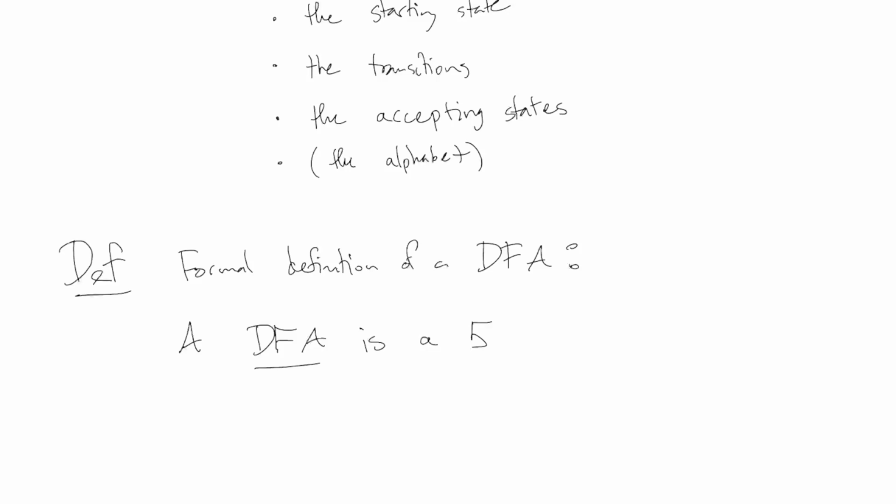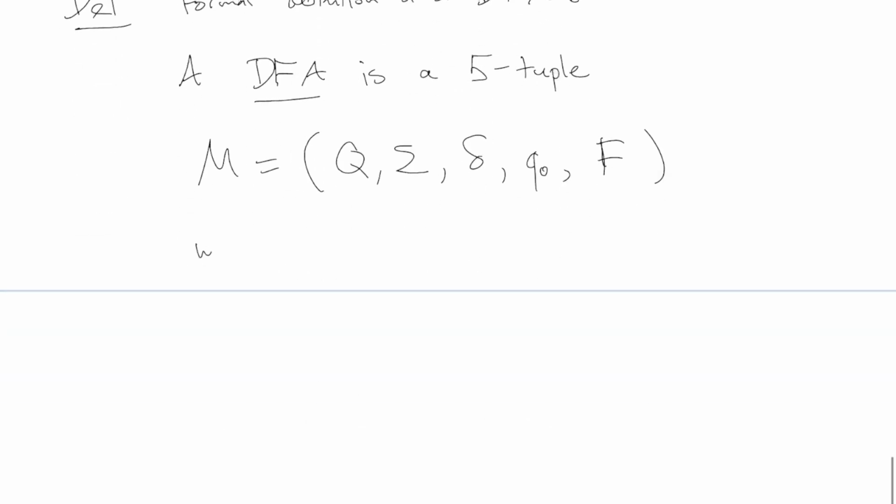The way that we typically would write that in set theory is a 5-tuple, because they go in a particular standard order. I'm going to write it this way. M equals Q. This is standard notation, and I will tell you one by one what each of these things mean. Q, sigma, delta, Q naught, and F. I'll tell you what each of these things are.